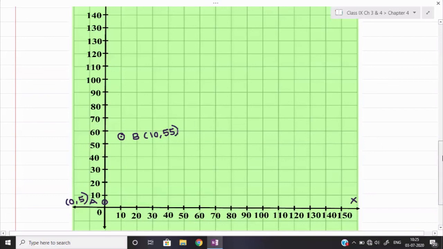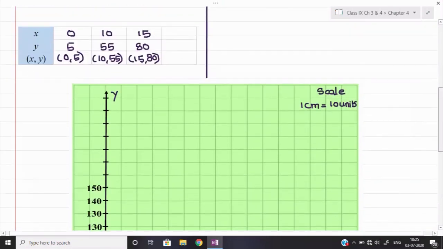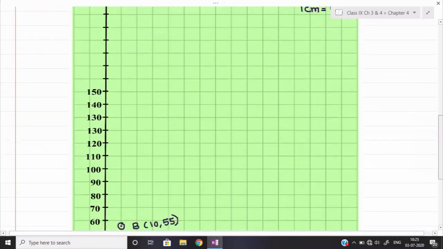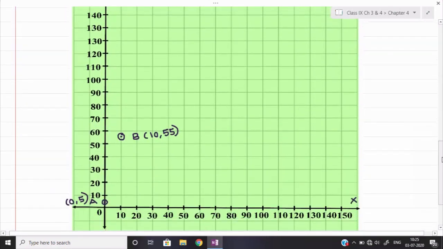The value of x I have taken is 15 and y is equal to 80. So x is equal to 15 means between 10 and 20 on the x-axis, the middle value. From here I will go and in front of 80 I will mark, trying to mark in the middle. This will be point C and its coordinate is 15 comma 80.